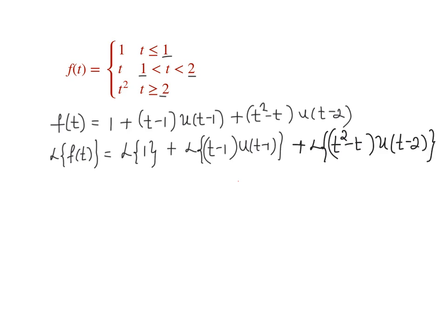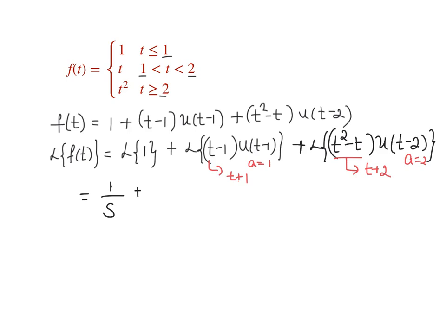Then we use the Heaviside shifting property. The first term is a simple Laplace transform: the Laplace transform of 1 is 1 by s. Next, we have to shift here. We have a is 1. Therefore, we have to shift t to t plus 1, and here a is 2, that's why we have to shift t to t plus 2.